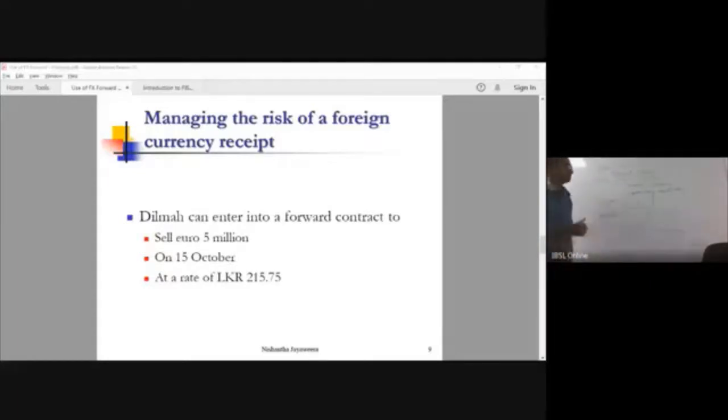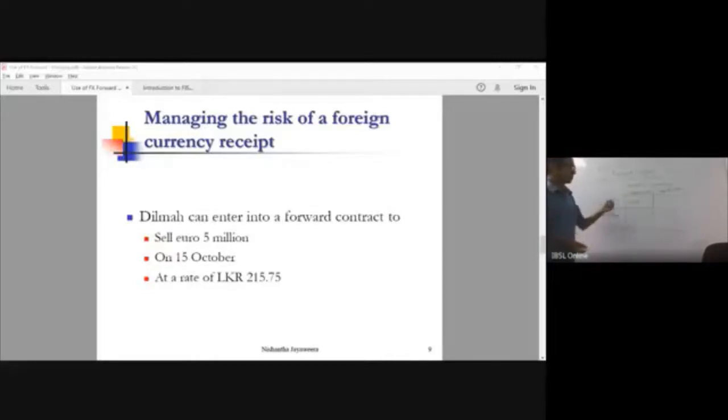Importer, if the domestic currency appreciates, he gains. Domestic currency appreciates means we pay less for a foreign currency.